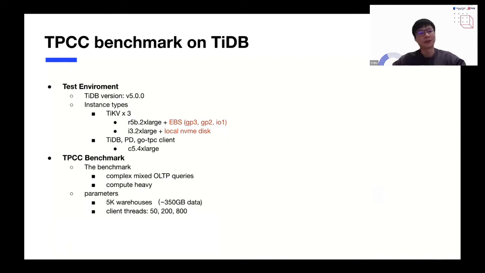We do have a benchmark to see what if we have two EBS volumes, one having the write-ahead log, one having the data. On AWS EBS we actually see around 10% of throughput improvement, and a slightly more stable tail latency when we are having such a setup.